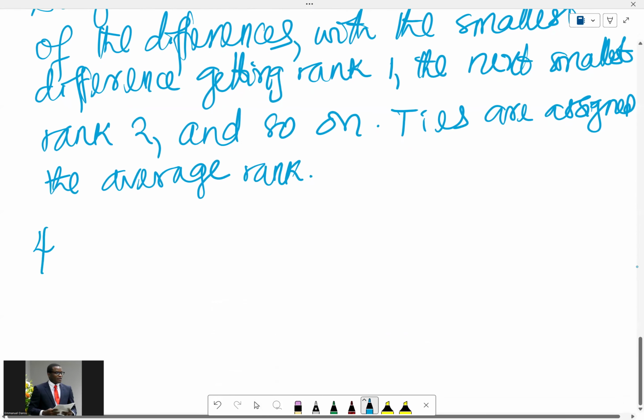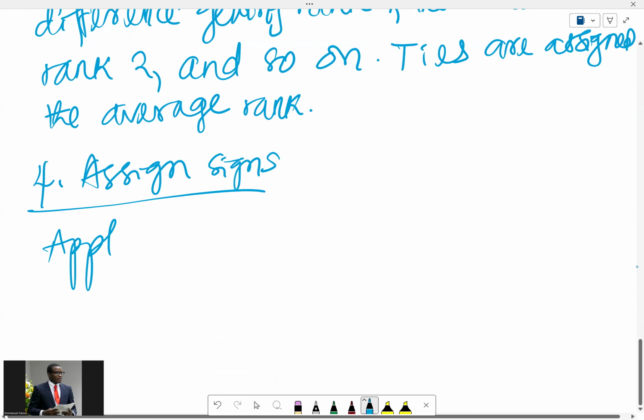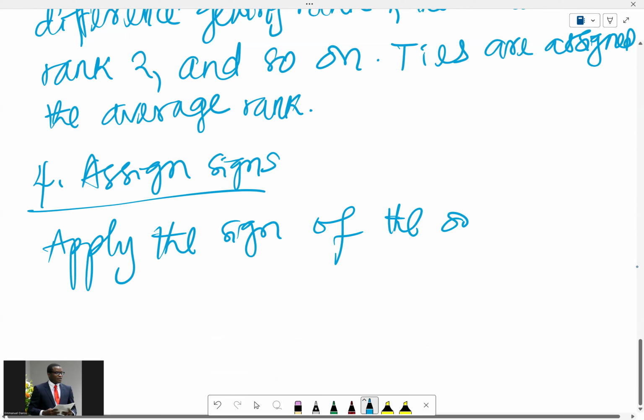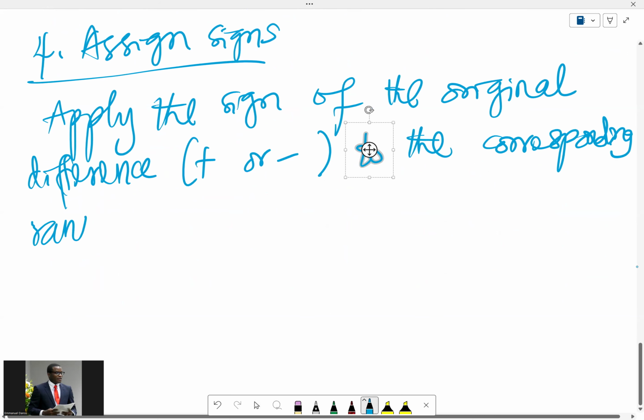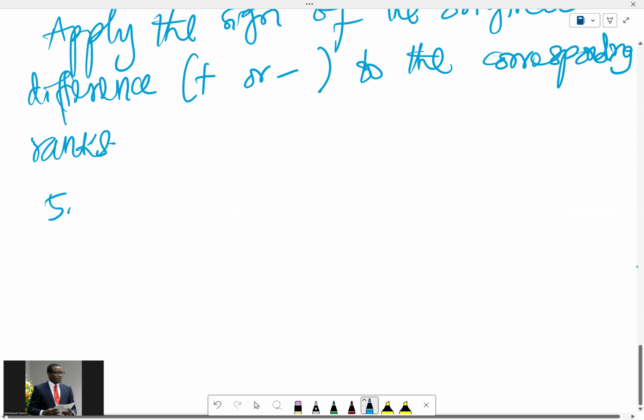Okay. Then 4, we now assign signs. What this simply means is that you apply the sign of the original difference, plus or minus, to the corresponding ranks. Then number 5 is sum the ranks.